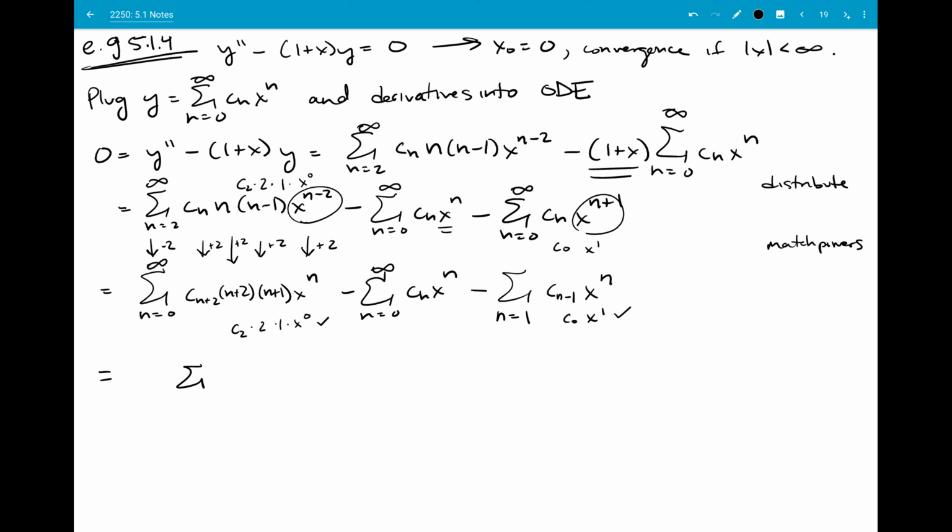But I'm going to say I want this one to start from 1. Everything can stay the same inside, but I just have to take care of my 0th term out front. So my first term would have been c2 times 2 times 1, x to the 0, plus everything else.